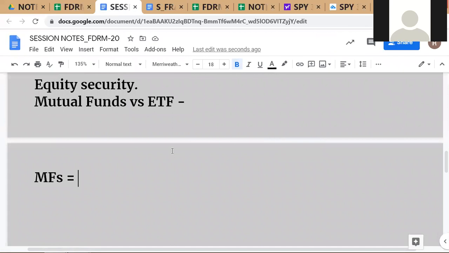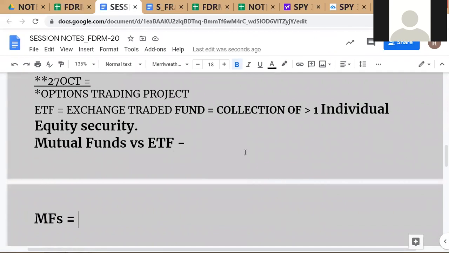What a very good question actually. Shaurya's question took us into this discussion, and I think Chris asked this question again. MFs are, and I gave you the partial answer, actively managed. And an ETF by definition is passive.